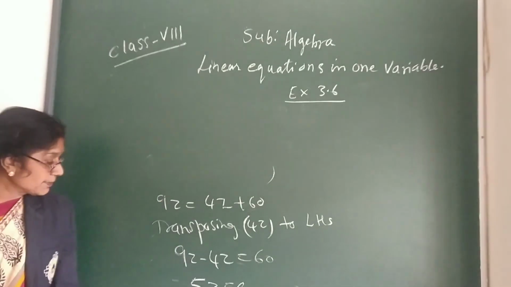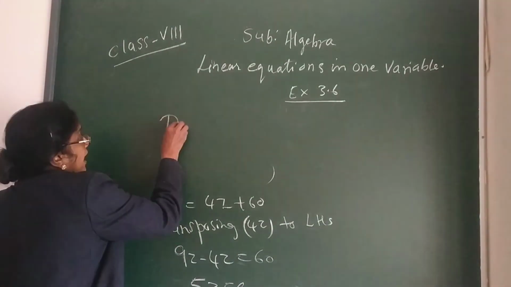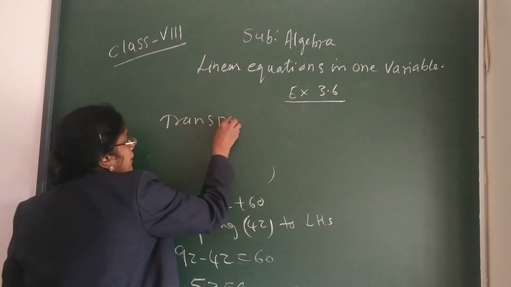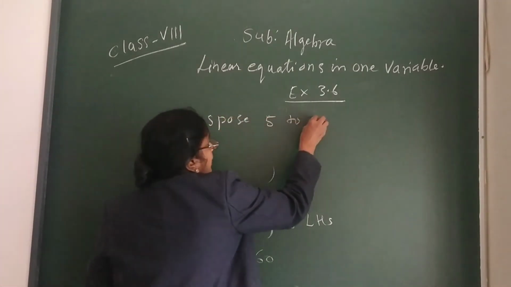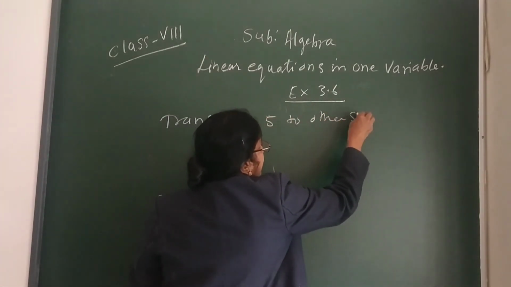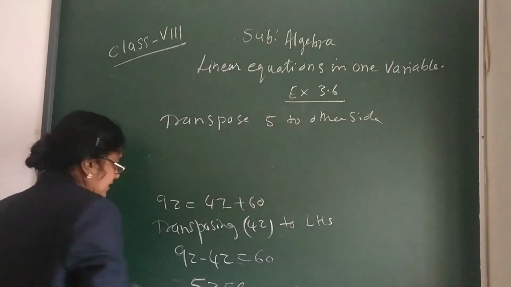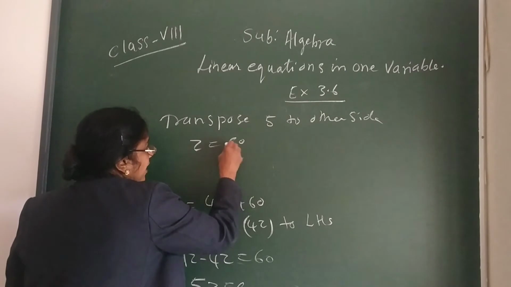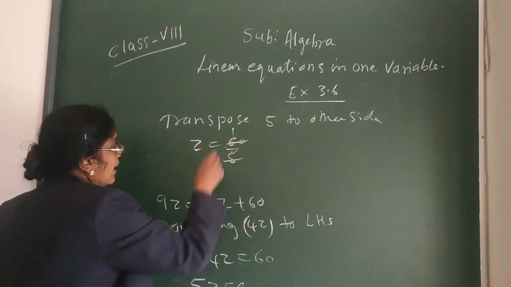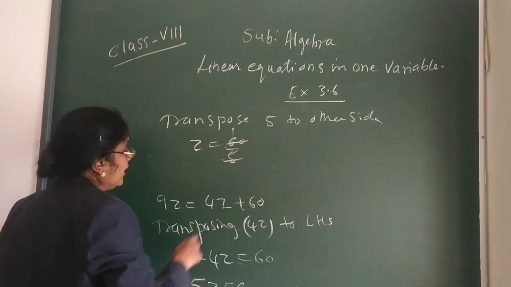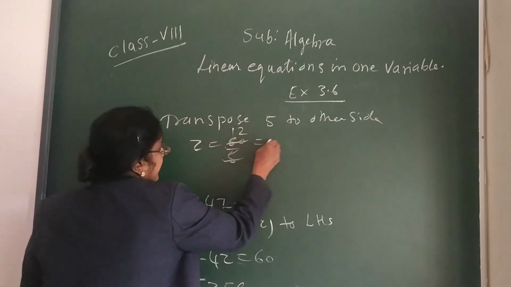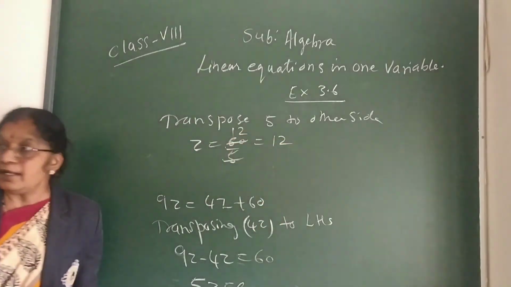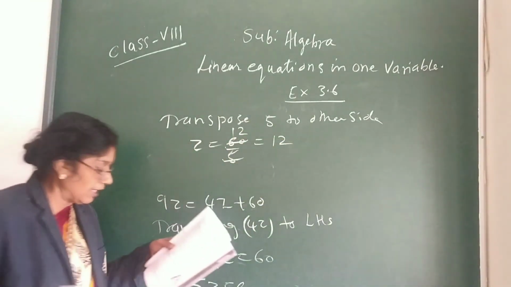So I have to transpose 5 now. Transposing 5 to the other side, you will get z is equal to 60 by 5. So the value of z is 12.